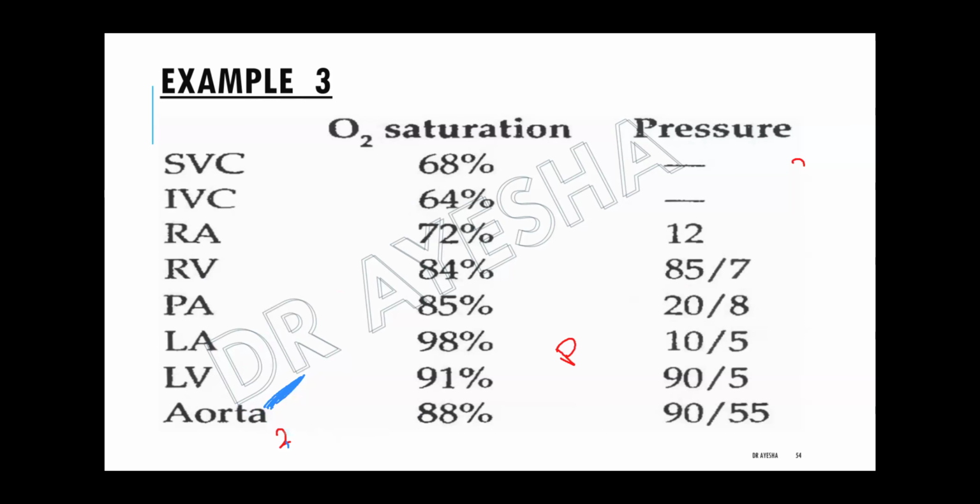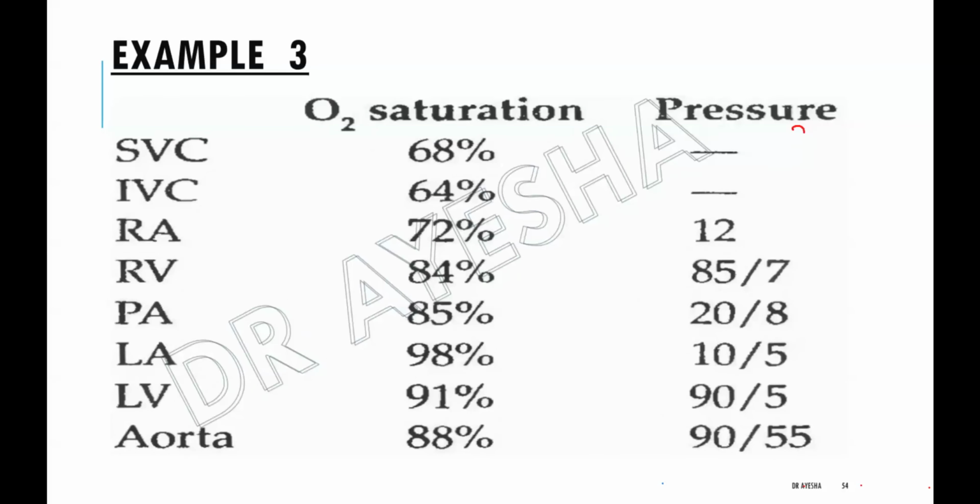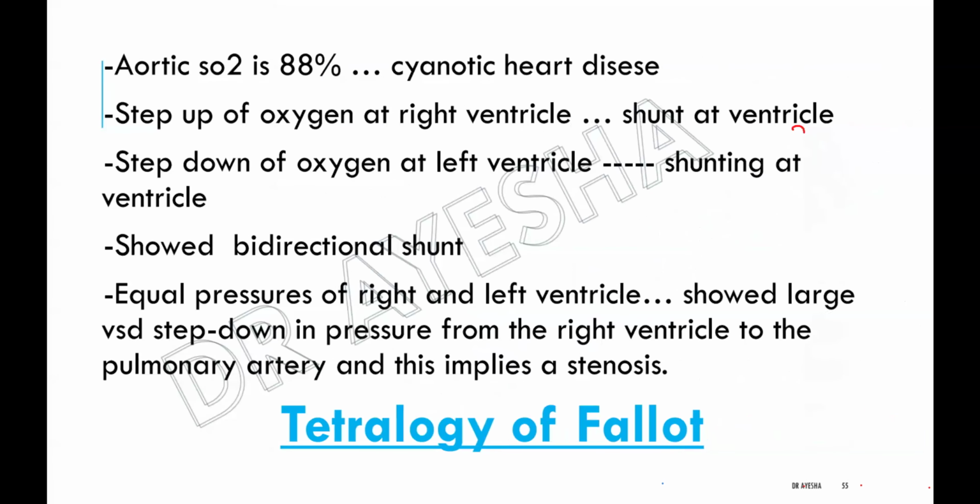going to solve the third question, the third example with me, so it will be more clear to you, okay? So let's see over here. This is just the summary which I wrote over here, so I'm just reading it. Saturation in the aorta is decreased, so I'm dealing with cyanotic heart disease.